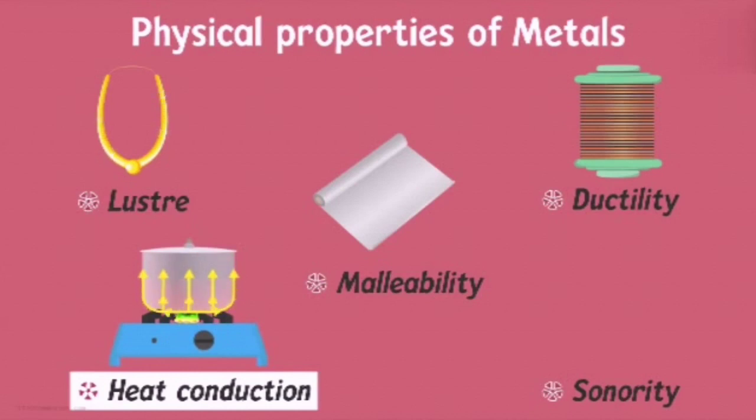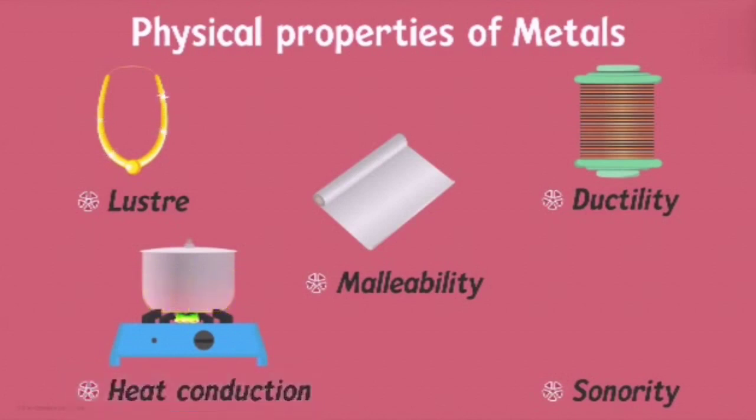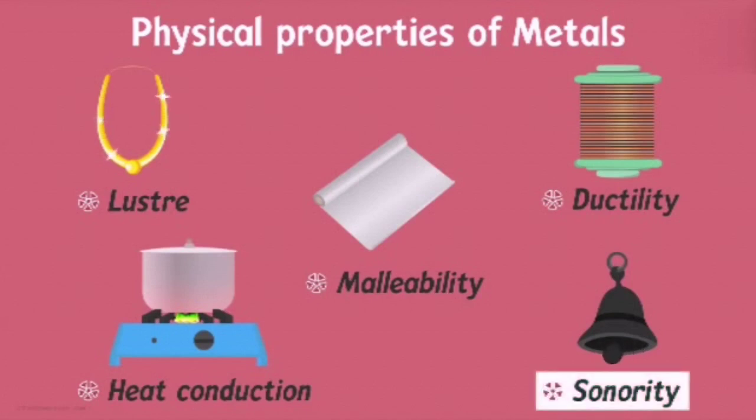Also, the bells used to convey messages in various forms are made out of metals due to their sonorous nature. Now, can we say that metals are used in almost every commodity that we use in daily life? Absolutely.